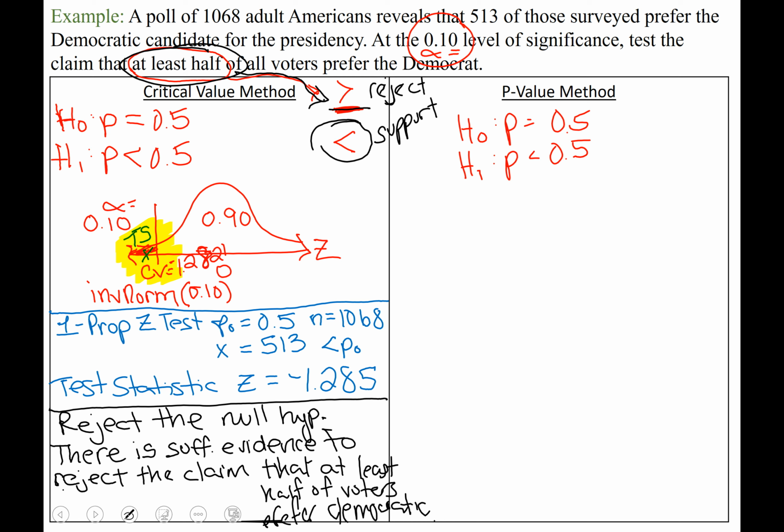What we're going to do instead is go straight to 1-PropZTest, which is in blue. I'm even going to do it in the same color so you can see it or compare it. It's going to be the same inputs. p naught is 0.5, x equals 513, n is still 1068.